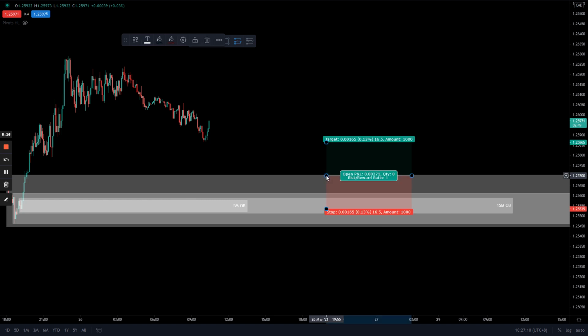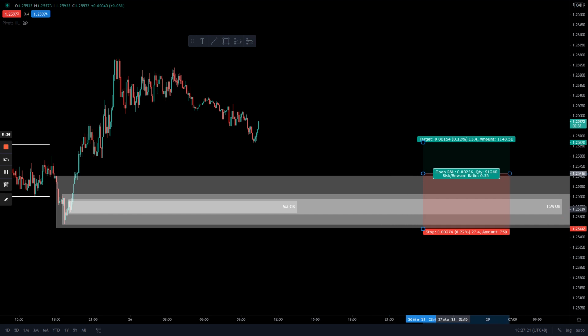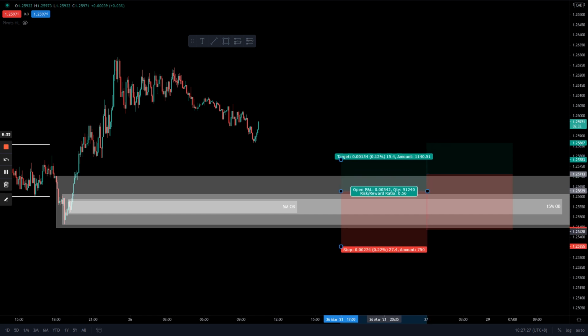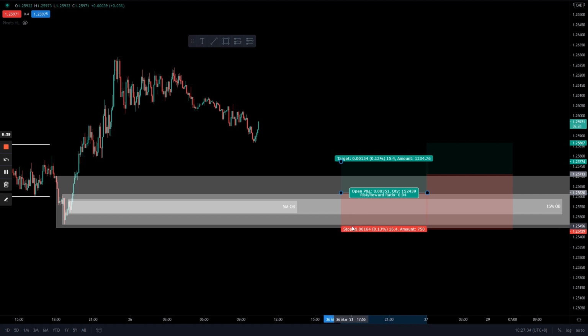This is the 1 hour entry. Always a few pips up and a few pips below. That is about a 27 pip stop loss, which is not that good. We don't want that, as compared to when it is on the 30-minute order block, which is just a few pips on top of it, followed by right here.